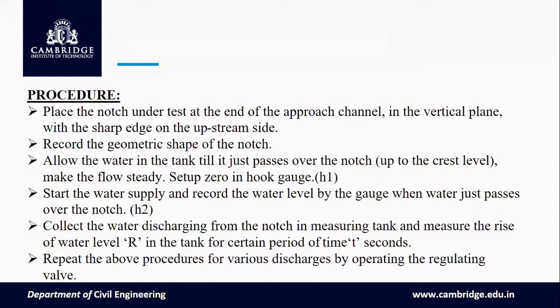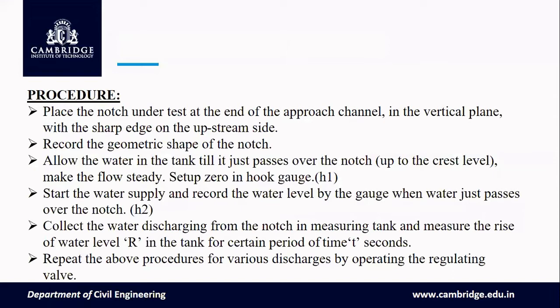Then record the geometric shape of the notch. After that, allow the water into the tank till it just passes over the notch, that is up to crest level, and by that time make the flow steady and set up 0 in the hook gauge, that is your initial reading H1.